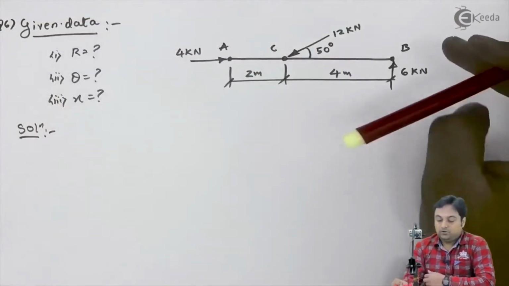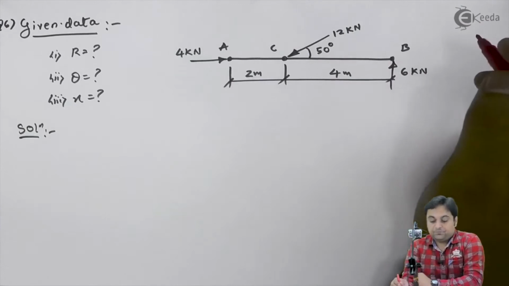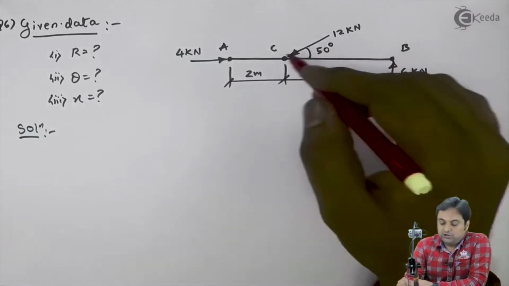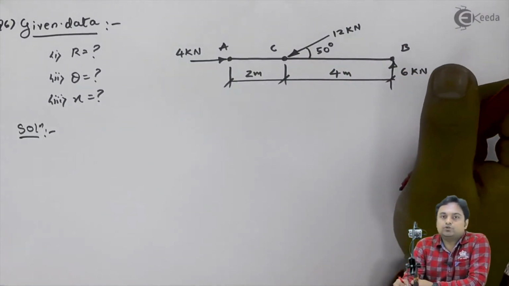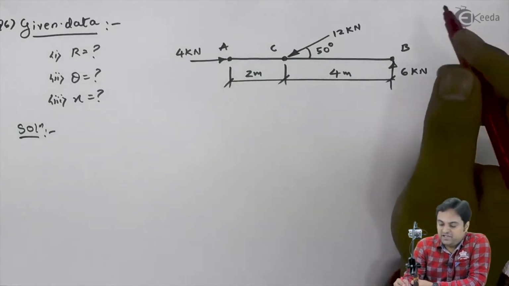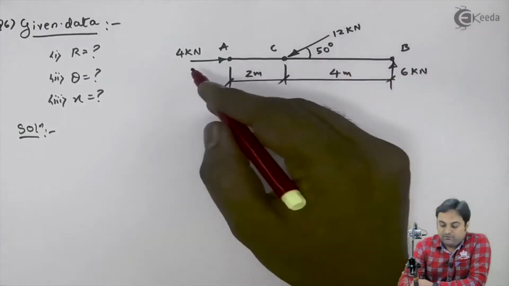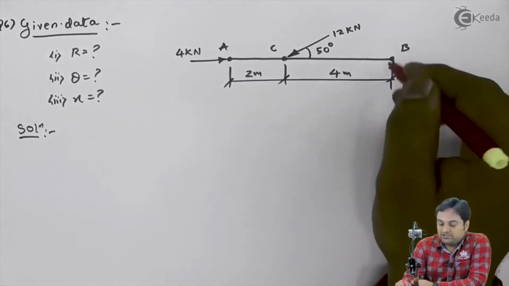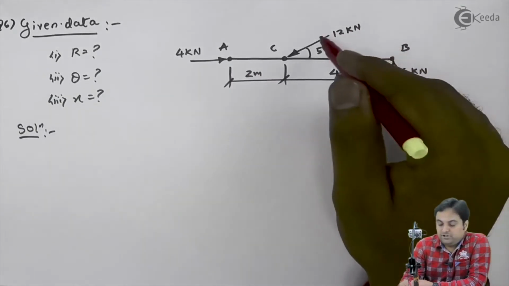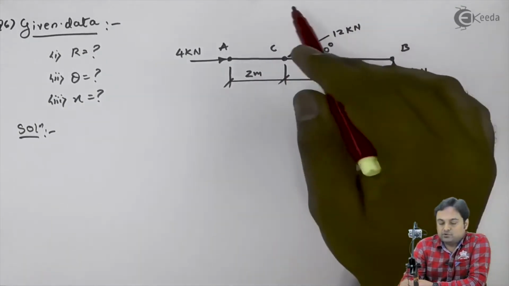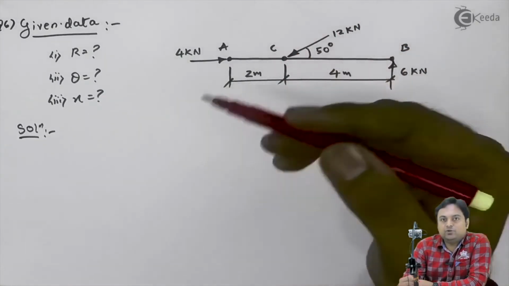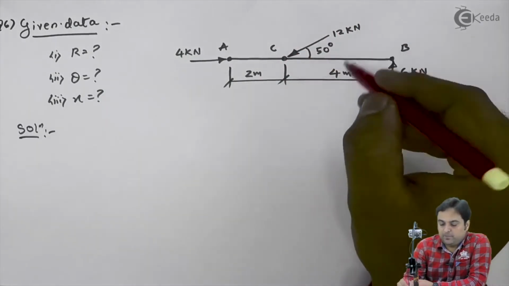To find the solution to this problem, we should see that all the forces are purely horizontal or vertical. If we see in this figure, 4 kilonewton is horizontal, 6 kilonewton is vertical, but 12 kilonewton is an inclined force. So this inclined force you have to convert into horizontal and vertical form.